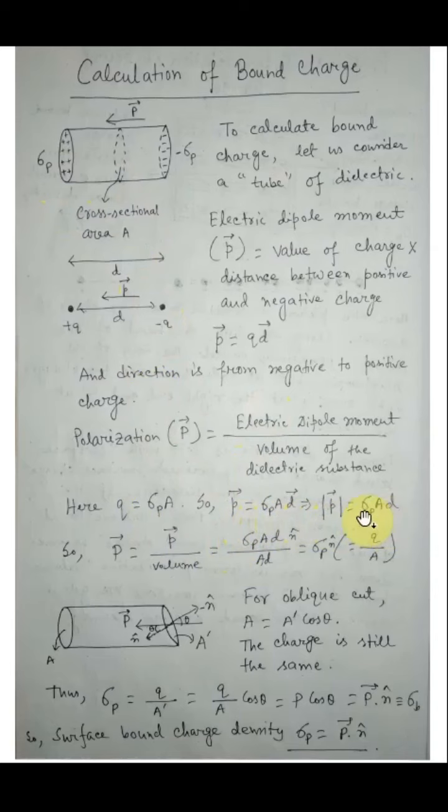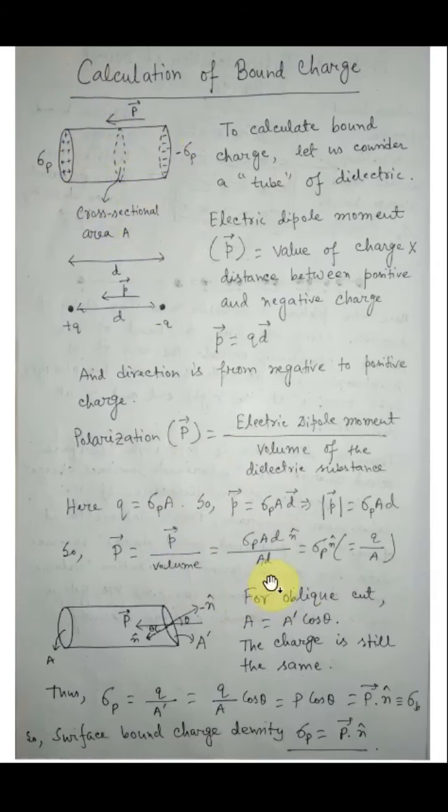So the polarization vector, we can write the dipole moment per volume, and here volume is the cross sectional area of this tube, which is a, times the length of the tube, that is d. So volume of this dielectric tube will be ad.